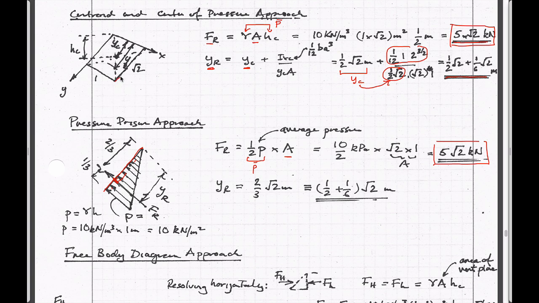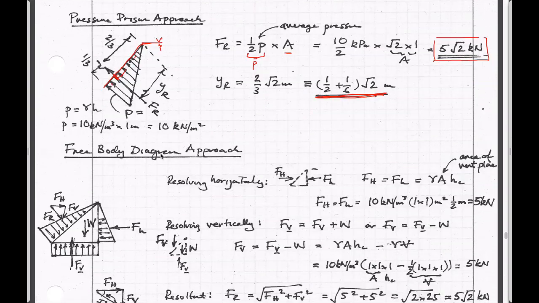This is this length here, and so 2/3 of square root 2 is the location where it acts in the plane of the dam, and this is exactly the same as the one up there. So that's two ways to do it: the parallel axis theorem, and just based on pressure prisms. This happens to be 0 because it intersects the surface here.